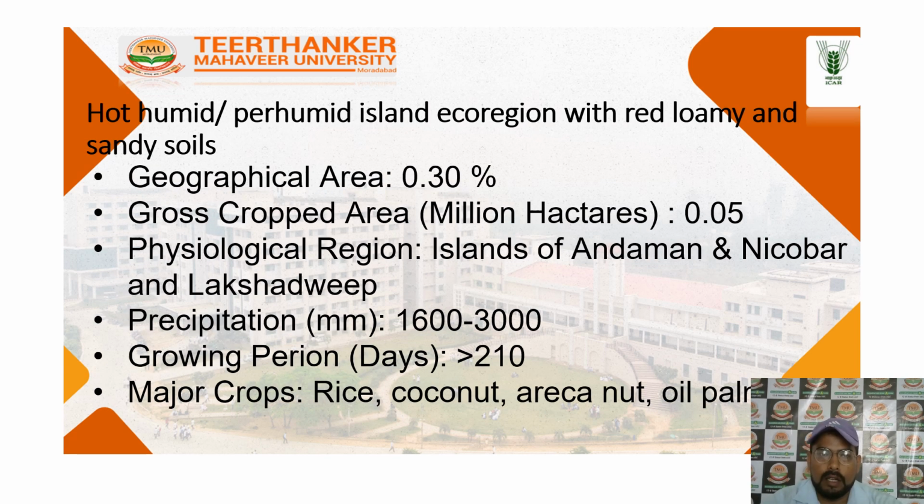So the last one is the hot humid and perhumid island ecological region with red loamy and sandy soil. The geographical area of this ecological region is 0.3%, and the total crop area is 0.5 million hectares, and the region is basically found in the Andaman and Nicobar and Lakshadweep island regions, and the annual precipitation is 1600 to 3000 millimeters, and the growing period is more than 210 days, and the major crops grown in this region are rice, coconut, cashew nut and oil palm plantation.